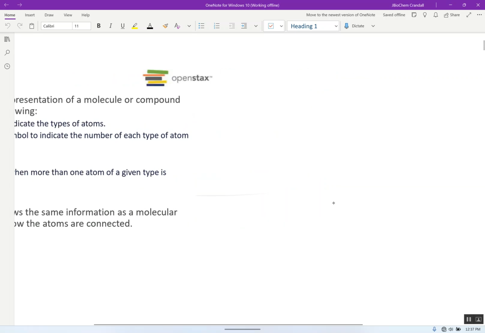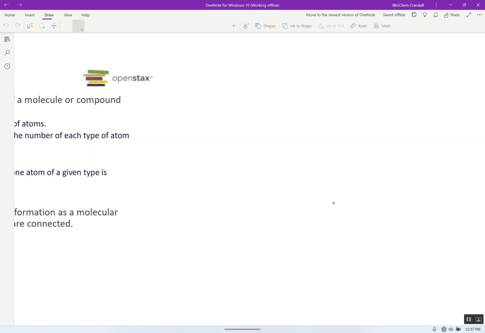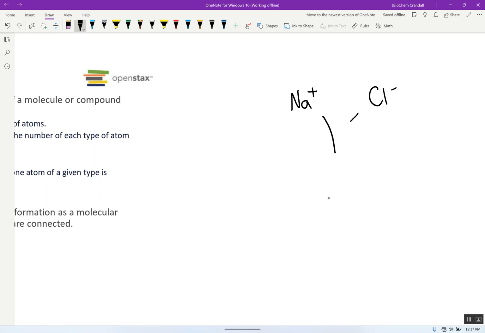So the difference between that is something that is ionic means that you have two things like sodium and chlorine, which are in ion form. So we have a cation of sodium, an anion of chlorine, and then they come together and they form an ionic compound, sodium chloride.